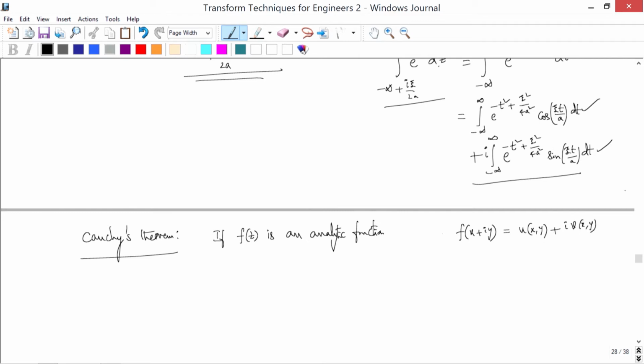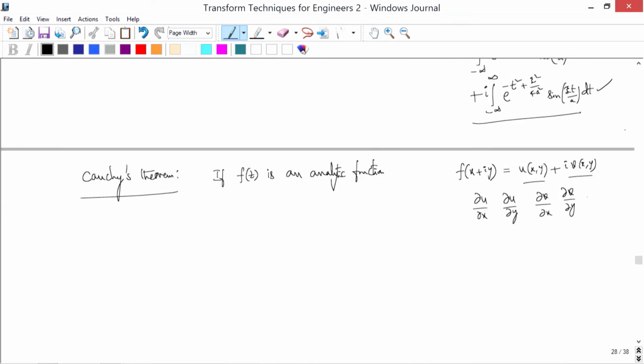This is a complex function. You take the real part and imaginary part, and all these partial derivatives, dou u by dou x, dou u by dou y, dou v by dou x, dou v by dou y, all these exist and they are continuous, and they satisfy the Cauchy-Riemann equations, the CR equations.